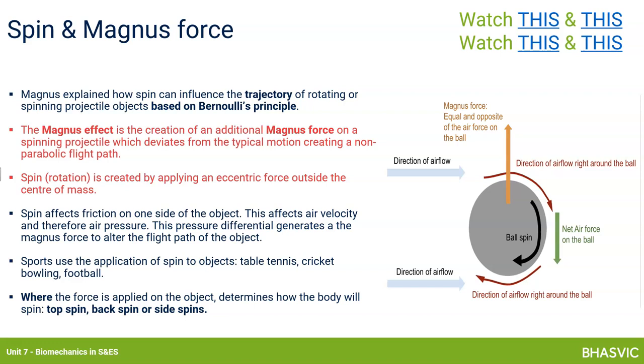And we create spin on those balls to change the route the ball takes and try to be tactical with our techniques. So this extra force that redirects the flight path of the ball is called the Magnus force or the Magnus effect. It's an additional force. It's a bit like lift. Lift is an additional force. The Magnus force is an additional force applied to balls or spherical objects by this ability to make them spin.